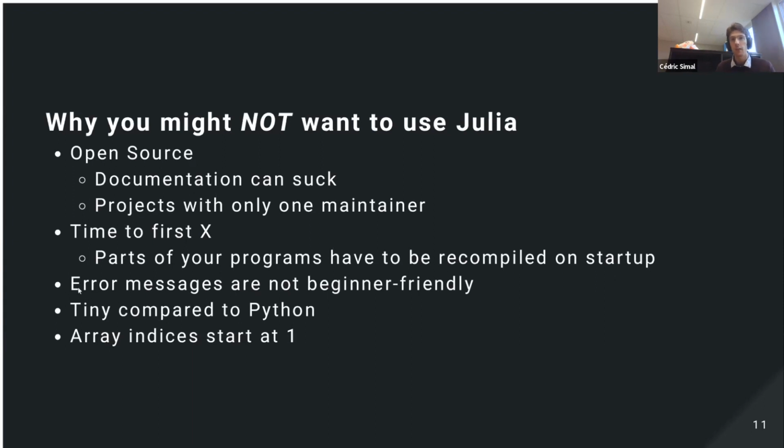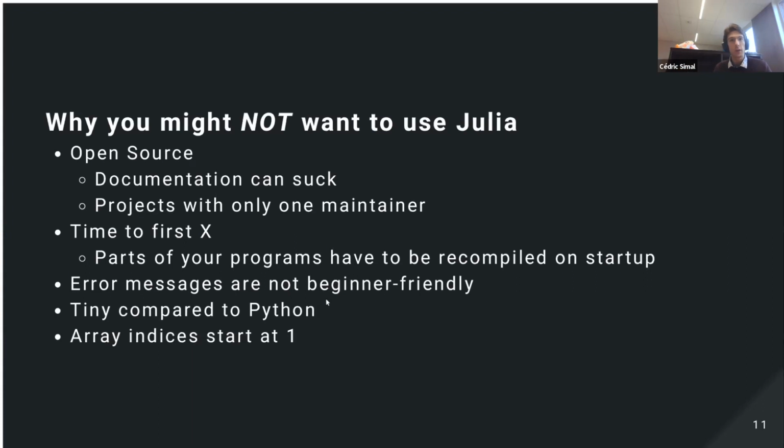Another point is that right now the error messages in Julia are not beginner friendly. So if you are a grizzled and experienced developer, you can go through it easily. But as a beginner, if you get a massive message all in red with not much useful information, it's not a great experience.